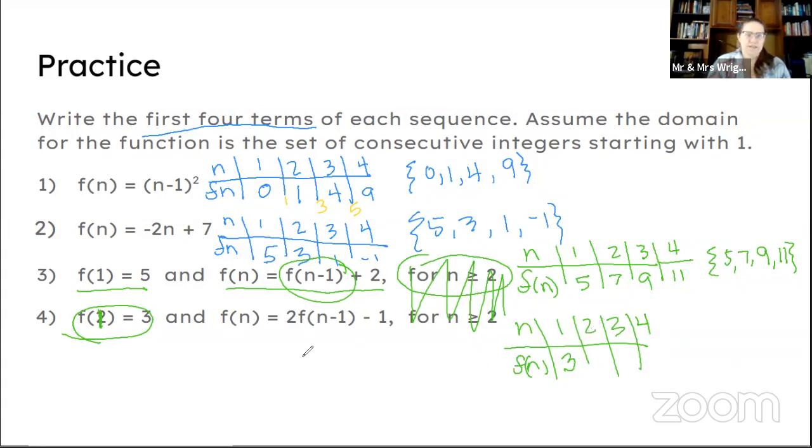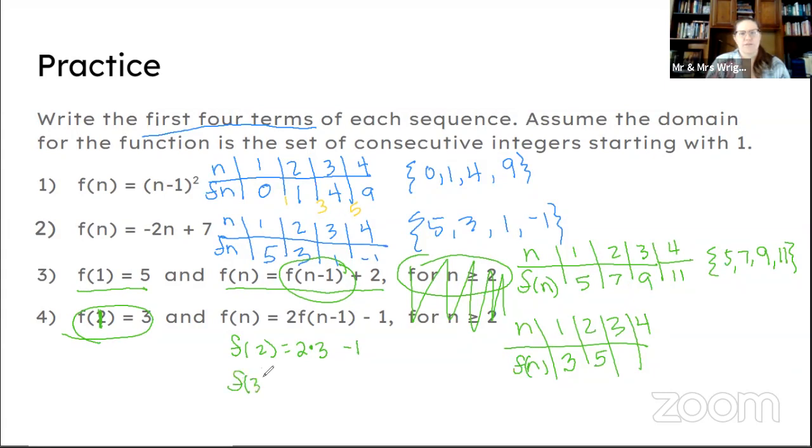So in this case, we have 2 times the previous term minus 1. So f of 2 is 2 times the previous term, 3, minus 1. So that's 6 minus 1 is 5, right?